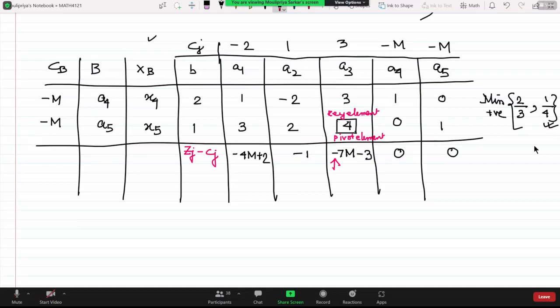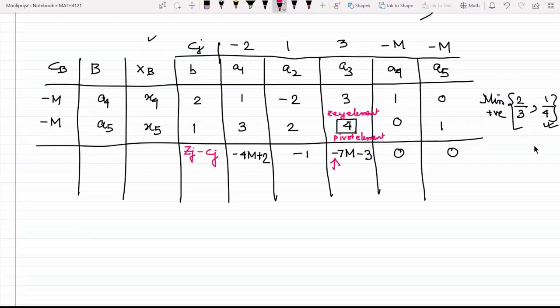Okay, and this key element, since it corresponds to x5, implies the vector is A5. So A5 would be leaving the basis. Am I clear with this step? That A3 is entering the basis and it is replacing A5 from its position.